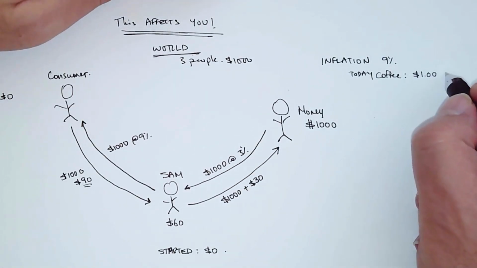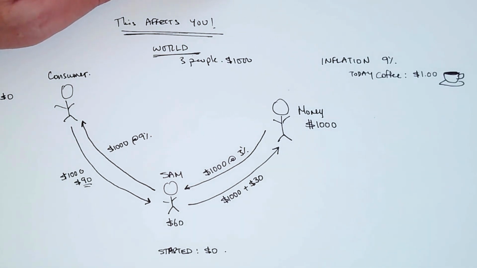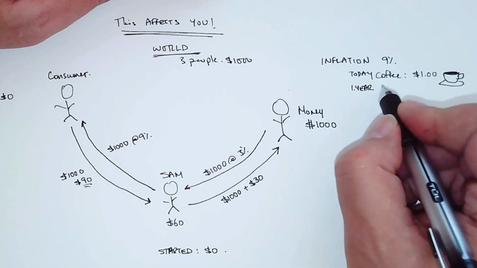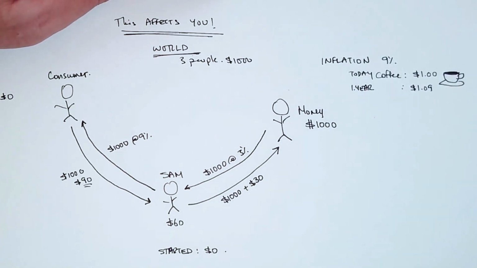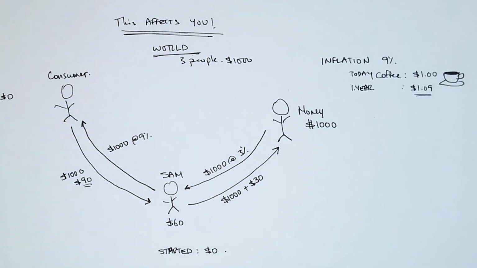So I'm going to draw a coffee cup here. It's $1, okay? In the future, meaning in 1 year, coffee is $1.09. Why? Because we assumed inflation of 9%.